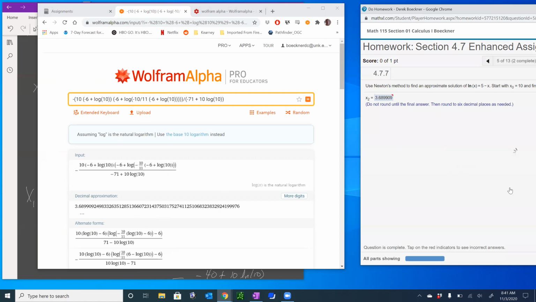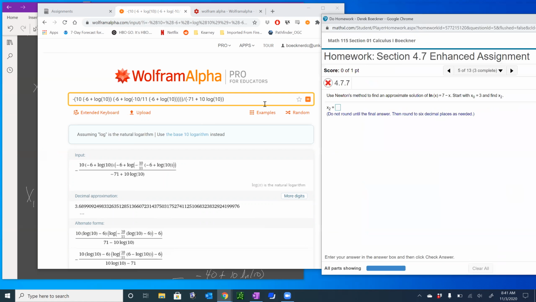Should we see if we can do a similar question now that we know how to do this?